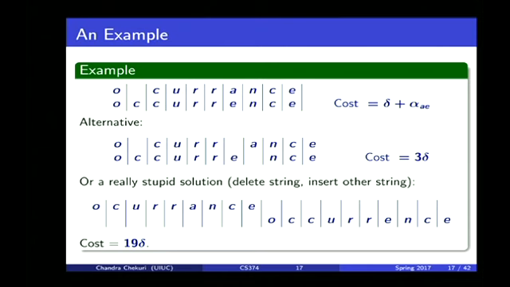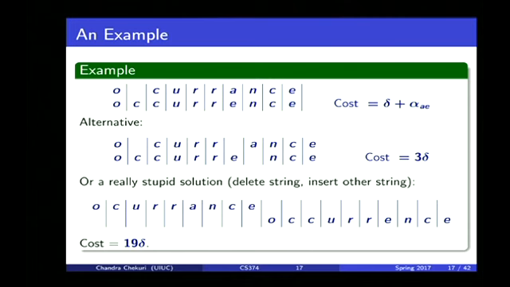Here it's a richer model. In this alignment, I have to pay a gap penalty for this C, delta, but I'm replacing A with E. So the cost I pay is delta plus alpha AE, whatever number I give you.